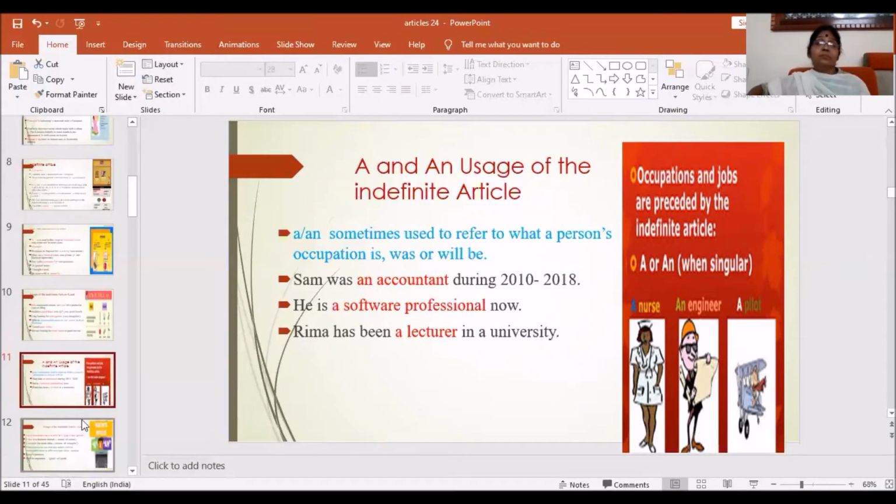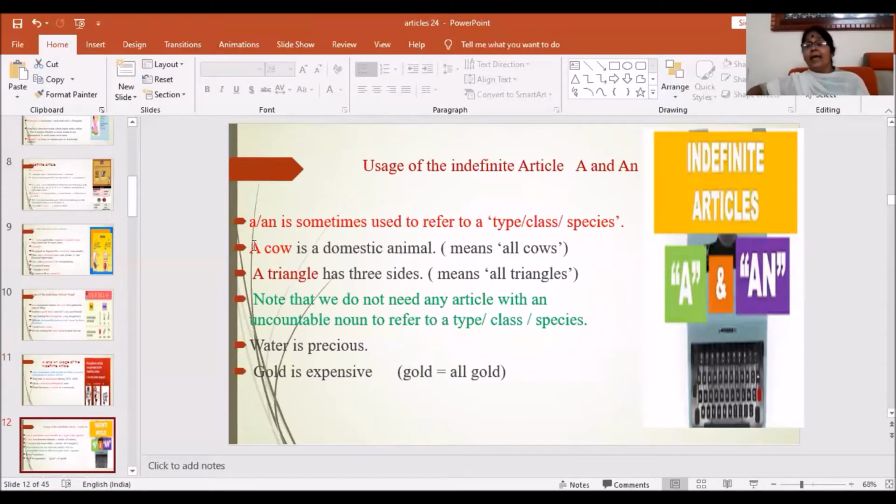Now, a and an is sometimes used to refer to a type, class, or species. For example, a cow is a domestic animal, means all cows, right? A triangle has three sides, means all triangles, right? Note that we do not need any article with an uncountable noun to refer to a type, class, or species.